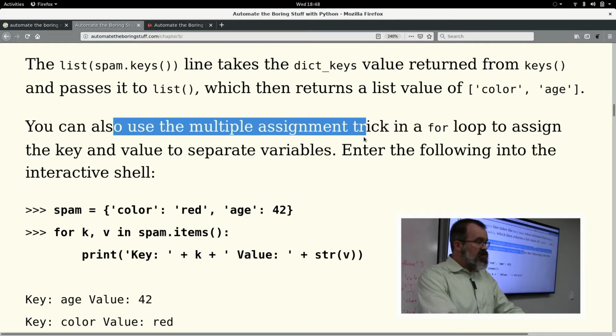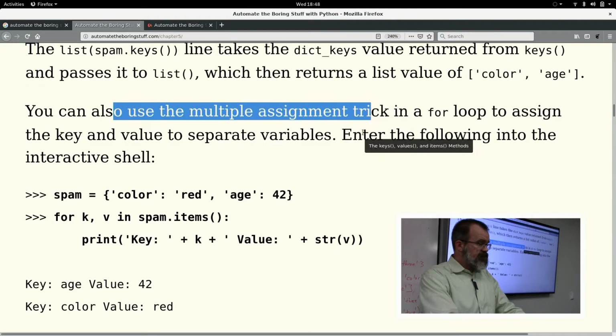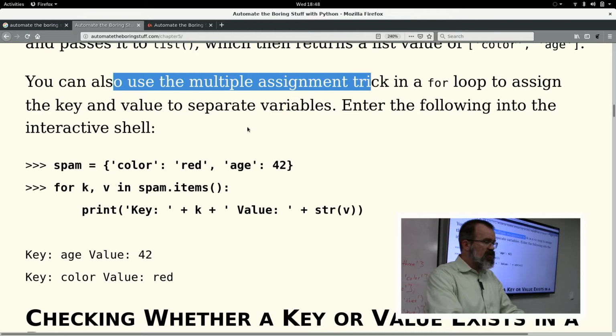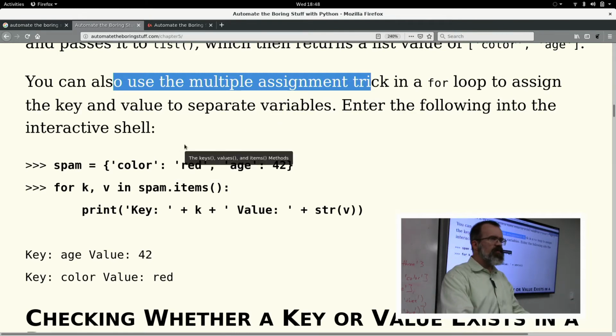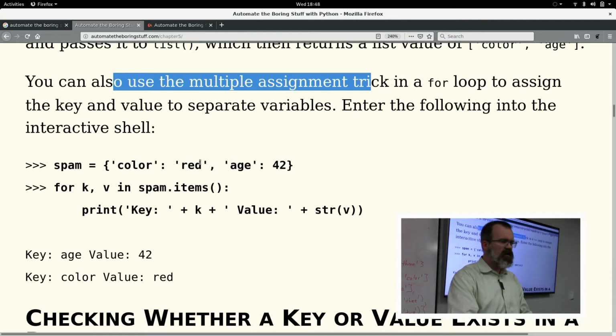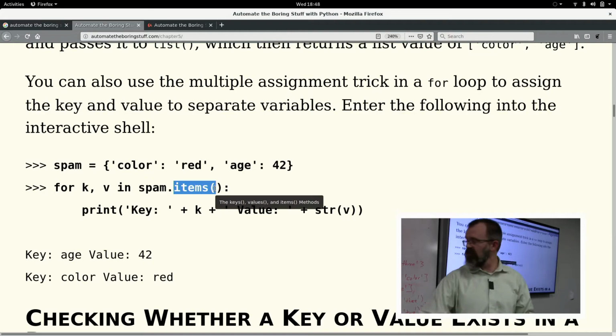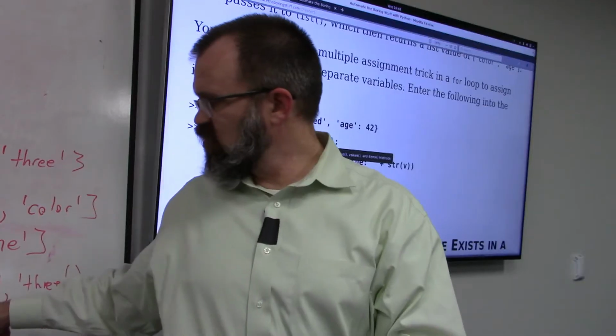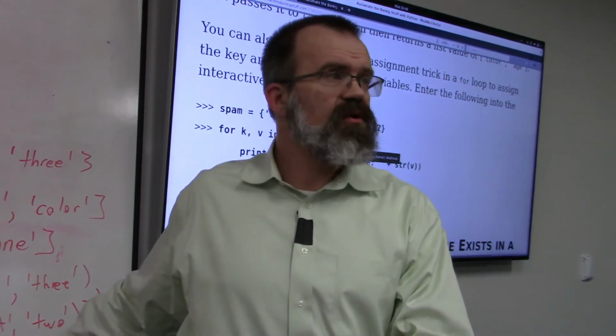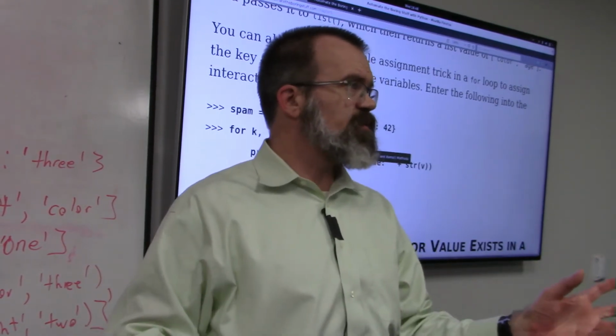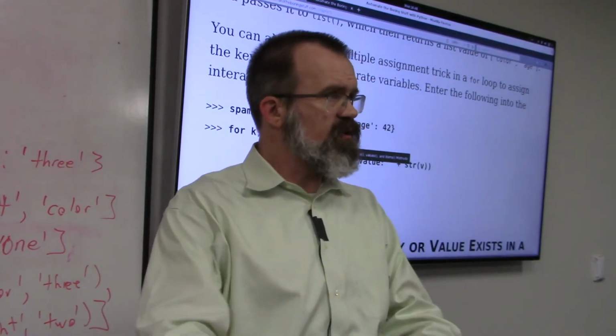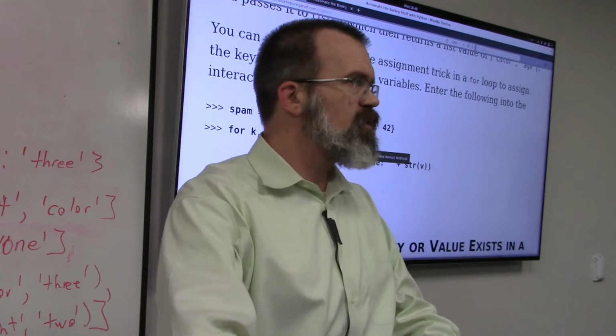So you can also use multiple assignment. And multiple assignment allows you to assign two variables in one statement. So remember how we talked about items would return back a bunch of pairs where one of the elements in the pair was the key and the other element would be the value?